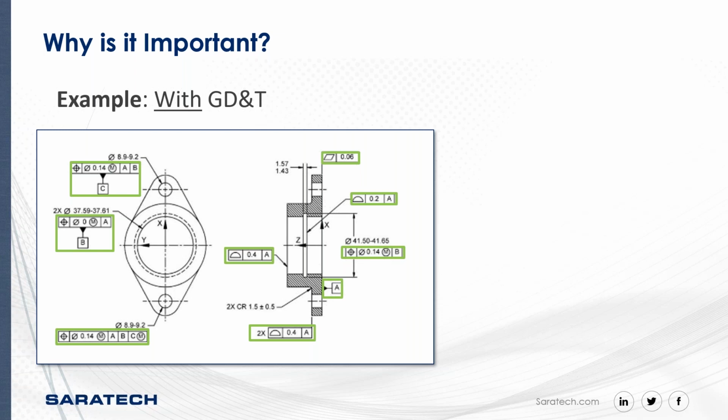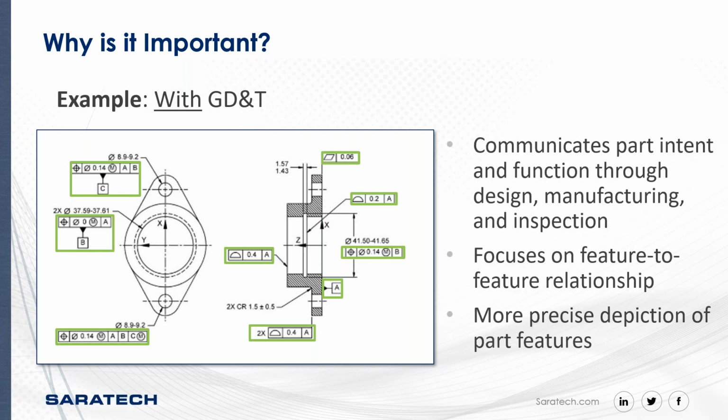Okay. So now what's the result of having GD&T? There's three key things here. It accurately communicates your part intent and function through design, manufacturing, and inspection. And we saw that inspection portion during the live demo, right? We talked about how the boss here, without GD&T, we check the size and the diameter checks out, everything's great.